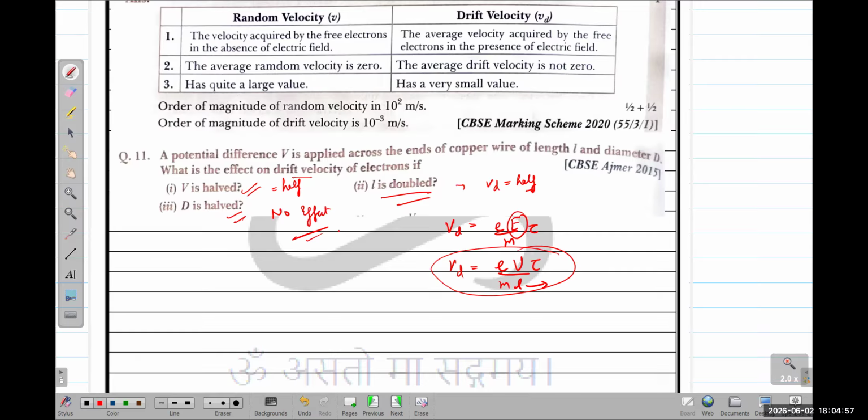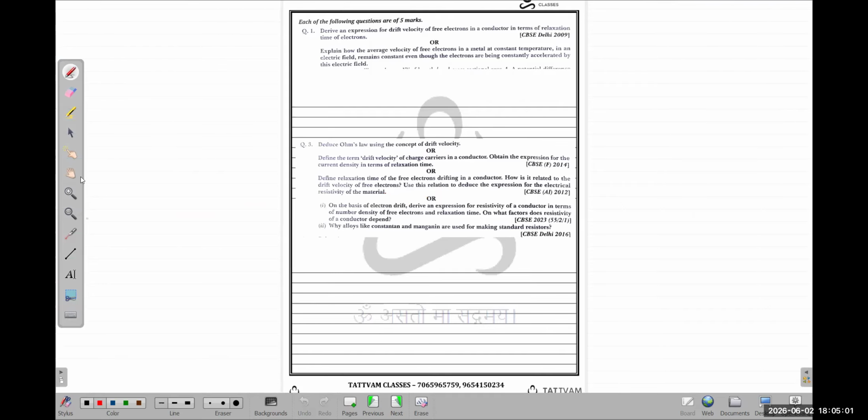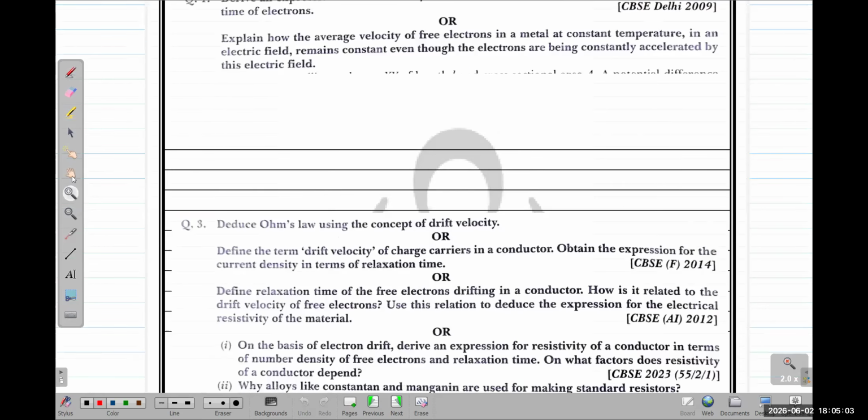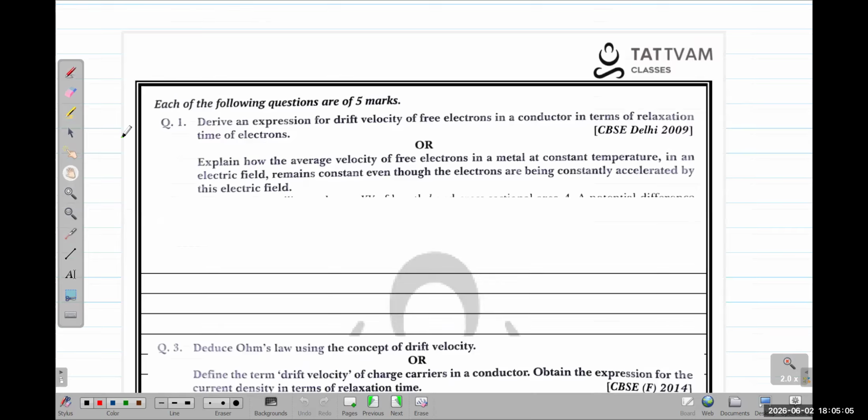Yes, sir. Very important: we need to understand what is being asked and then respond accordingly. Derive an expression for drift velocity of an electron in a conductor with respect to relaxation time, so Vd with respect to tau. Explain how the average number of free electrons in a metal at constant temperature and electric field remains constant even though electrons are constantly accelerated by the electric field.